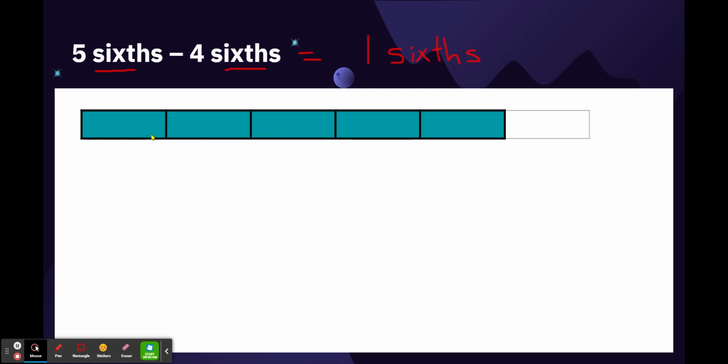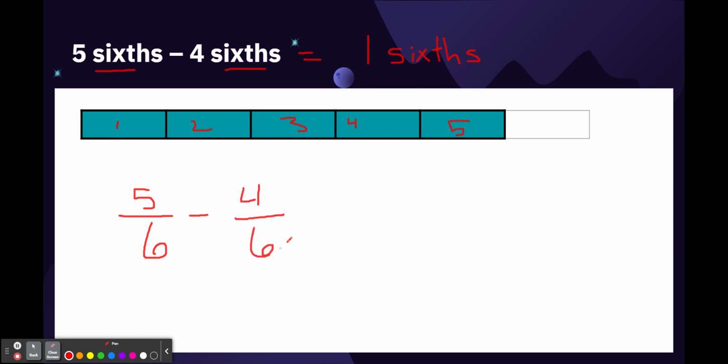Now here is going to be how we can use a model to represent this as well. So if I have 5/6, 1, 2, 3, 4, 5, 6, and I take away 4/6, let's go ahead and take those 4 away. 1, 2, 3, 4.